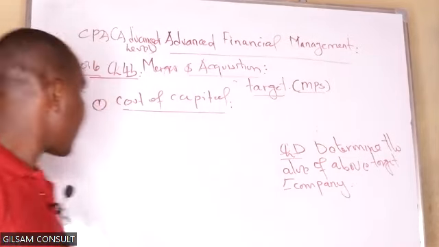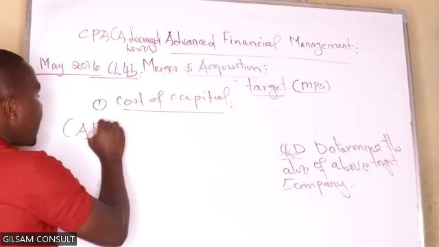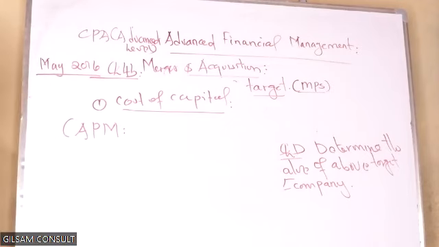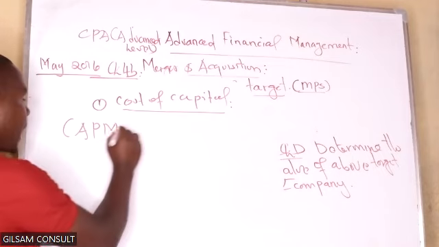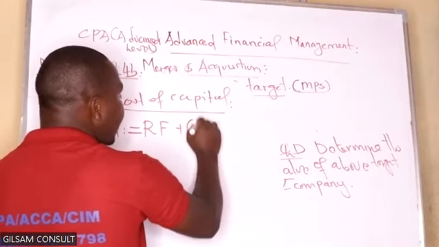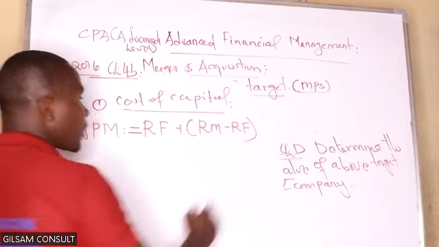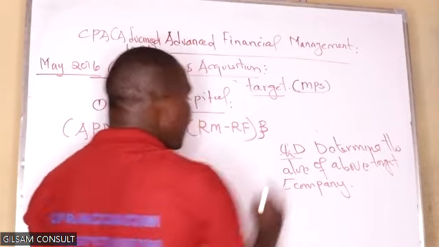How do you get this cost of capital? Here we are using something called CAPM. It is the risk-free rate plus the return on the market minus the risk-free rate, and we multiply by the beta factor.